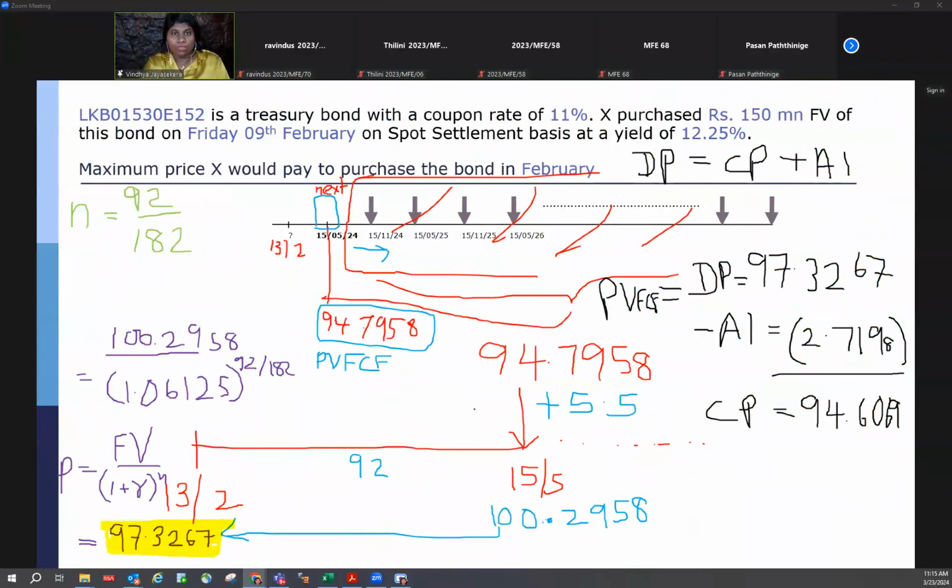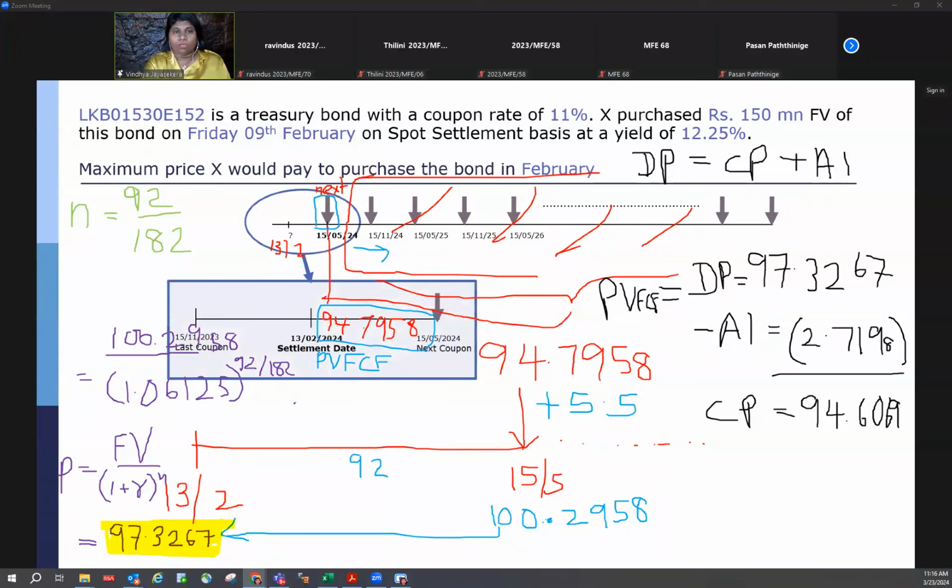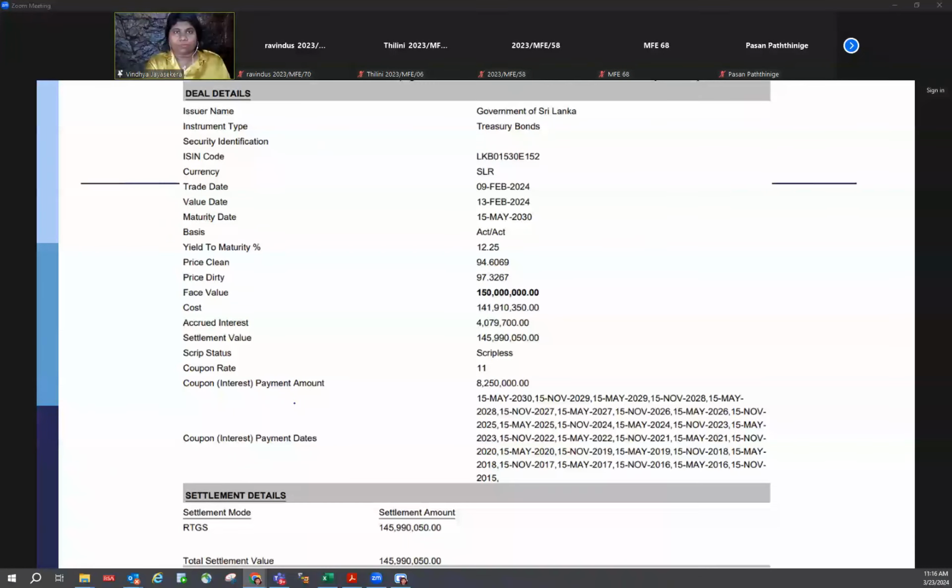So this sum is an actual trade that took place in the market, right? It's an actual trade that took place in the market. And this is the trade confirmation of this sum. You can see here, I've taken off the details that will highlight names and primary dealers and all that, right?